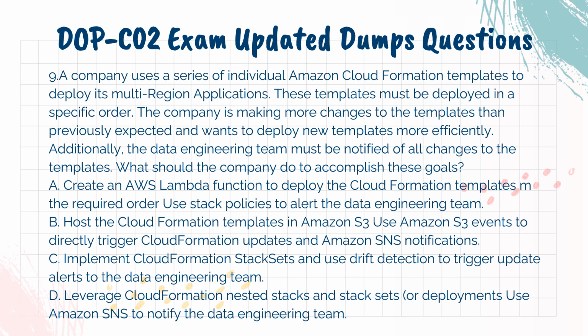C. Implement CloudFormation stack sets and use drift detection to trigger update alerts to the data engineering team. D. Leverage CloudFormation nested stacks and stack sets for deployments. Use Amazon SNS to notify the data engineering team.